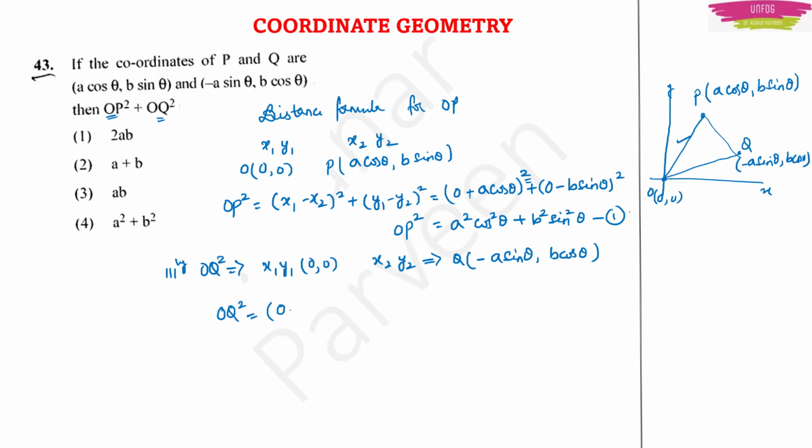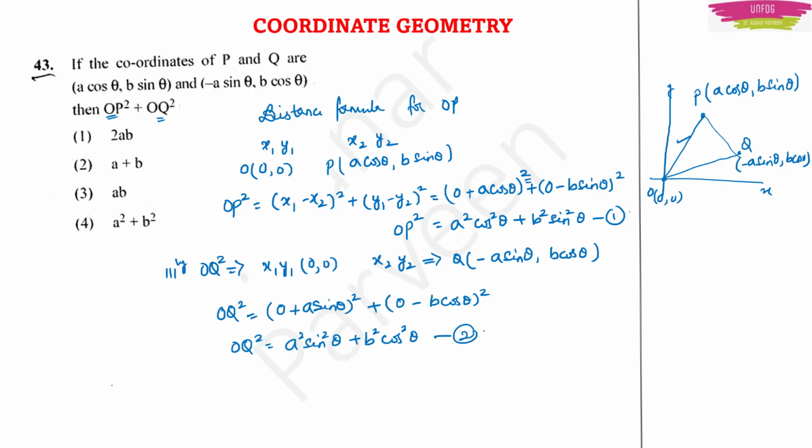It will become 0 minus minus, which becomes plus a sin theta whole square, plus 0 minus b cos theta whole square. So you will get OQ square as a square sin square theta plus b square cos square theta.